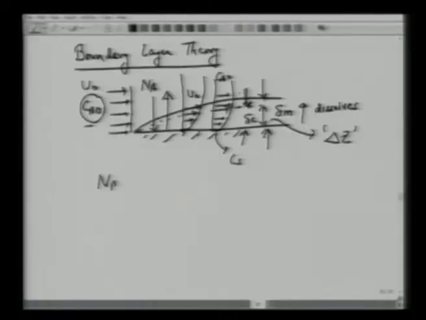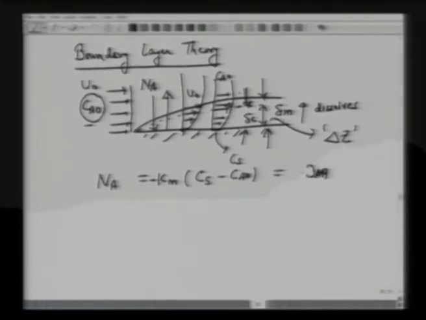One can show here also that this NA will again be equivalent to some mass transfer coefficient times the concentration drop, which is, say, CS minus CA0, or we can put a minus here because CA0 is larger than CS. So the diffusion flux is NA equal to minus Km times the concentration drop, which can be equated to minus DAB dCA over dZ at Z equal to 0. So we have this Z direction and this is 0.